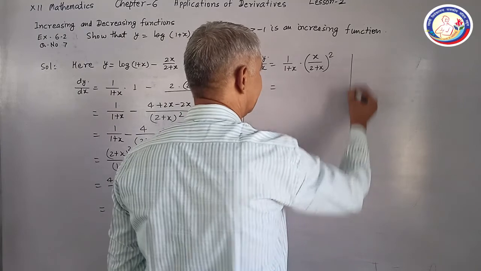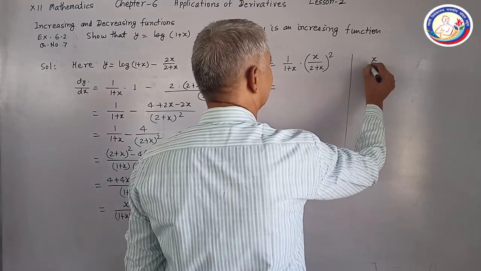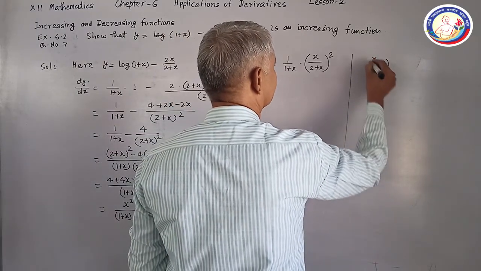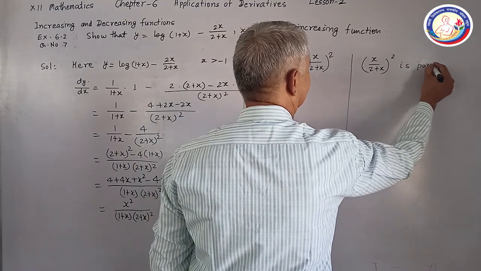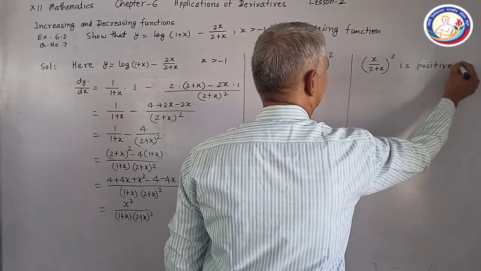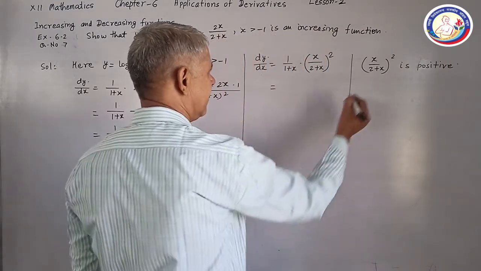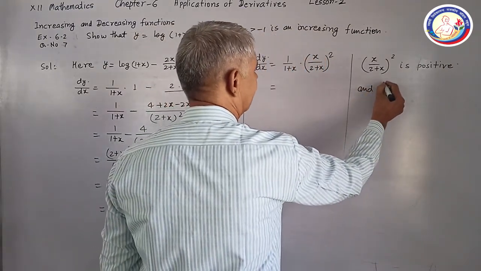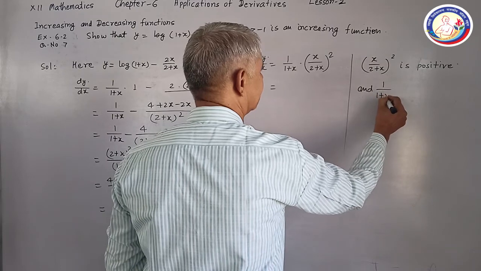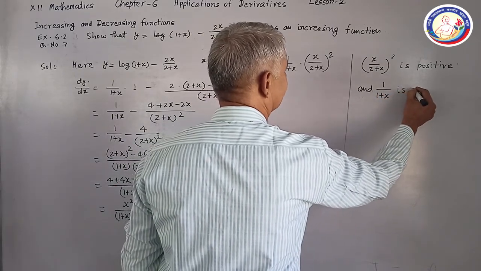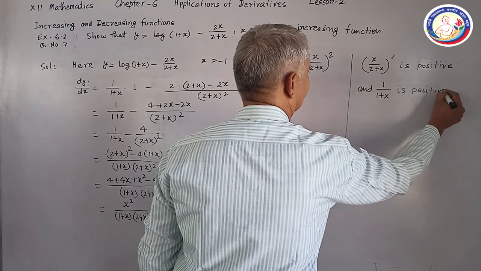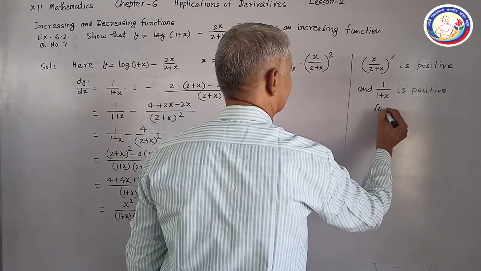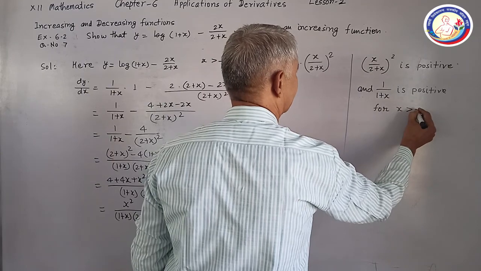So here what is the outcome? x upon (2 + x) whole square is positive, and 1 upon 1 + x is positive for x greater than minus 1.